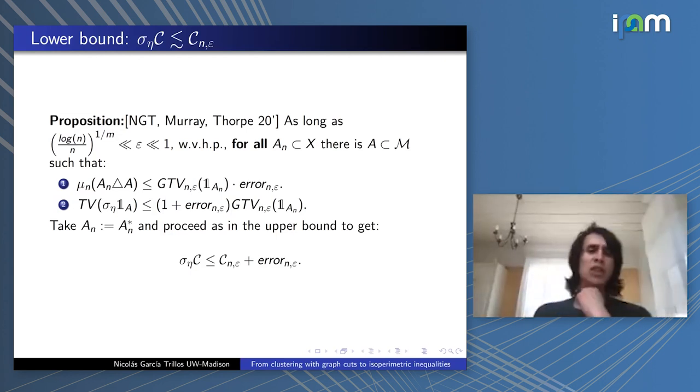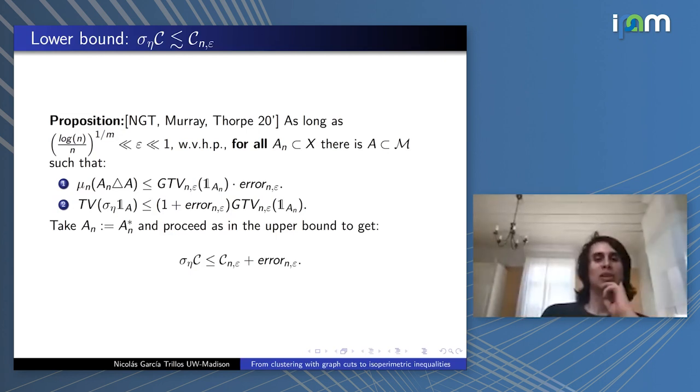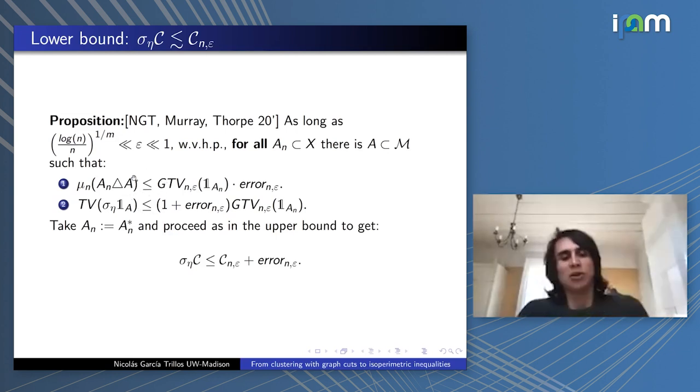Okay, so let me tell you what the key ingredients are to obtain these properties. When analyzing these discrete to continuum problems, when the discrete depends on random data, there is one key ingredient that appears in pretty much every proof that I've seen.